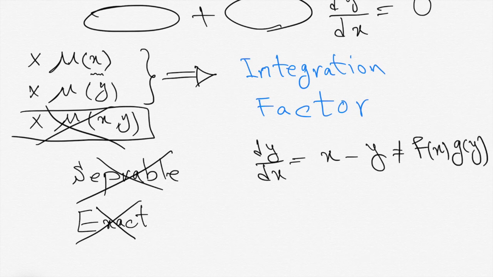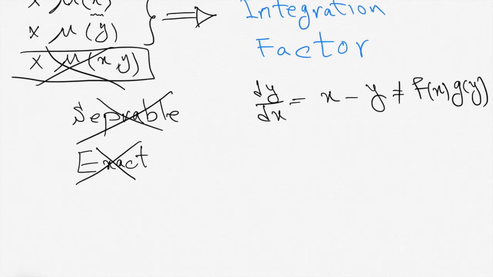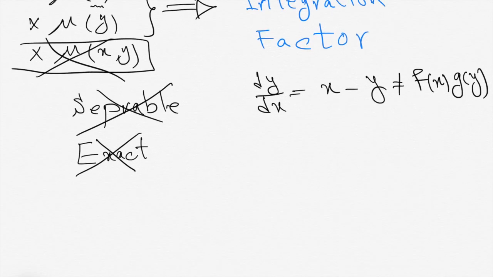And we said that you cannot write it in this form. Therefore, it is not separable. So let's check whether it is an exact equation or not. So we say dy over dx plus y is equal to x, right?